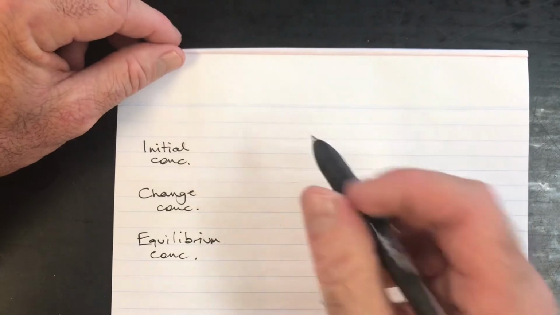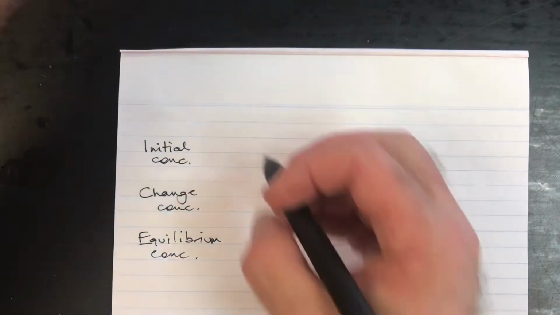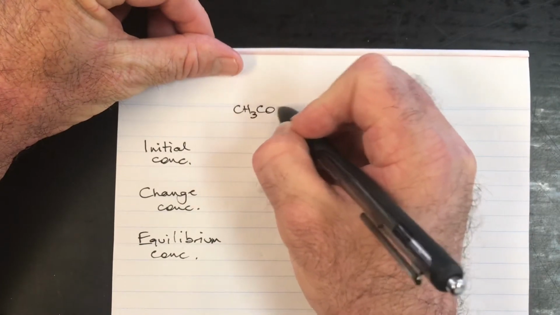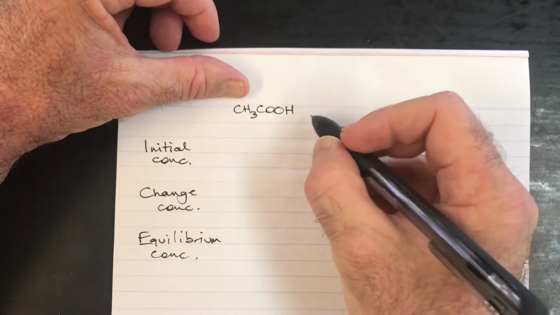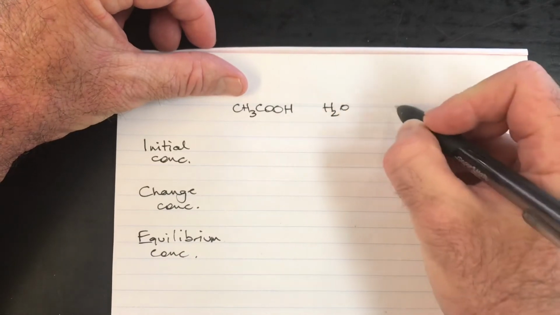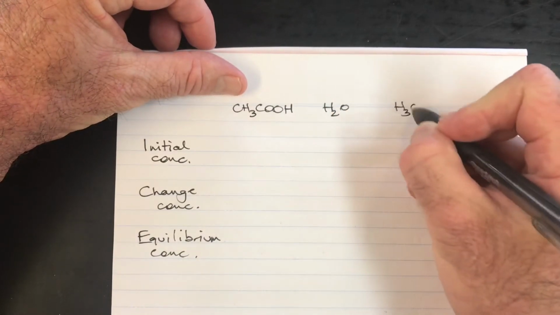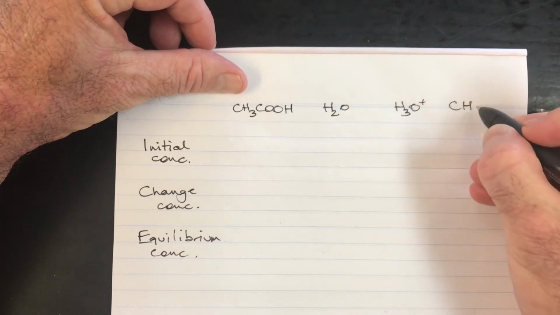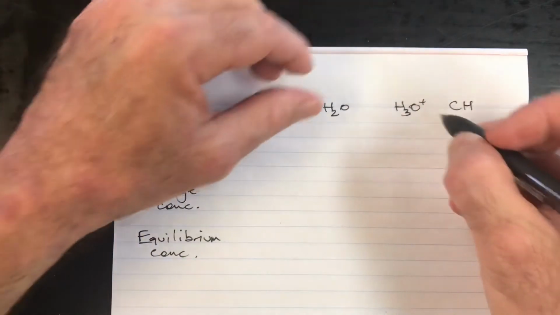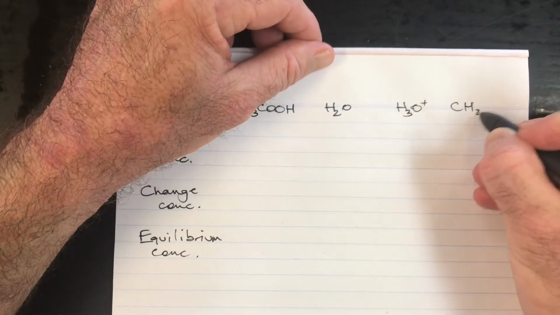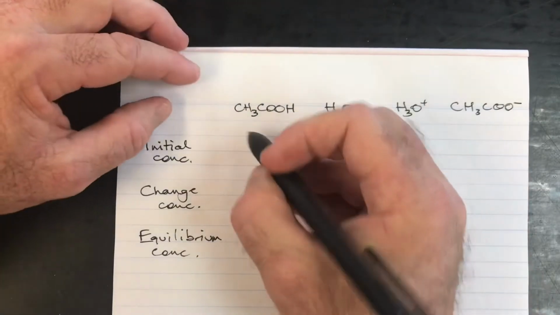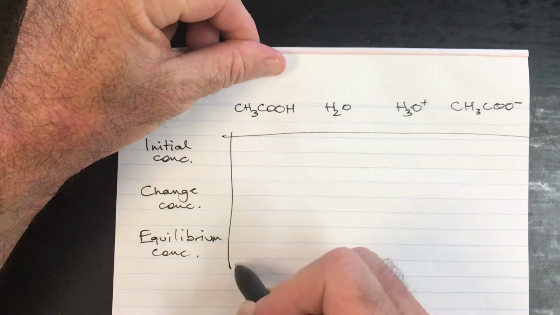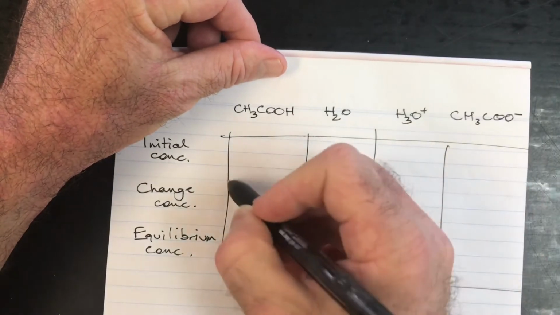Remember how to do your ice table. Along the top, you just write down all of your chemical species in the equation. Acetic acid is mixed with water, that produces the hydronium ion and the acetate ion. Whether or not you draw your table is up to you, but might as well, since I've started.